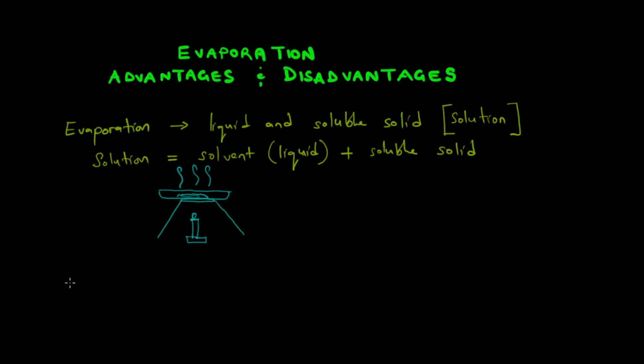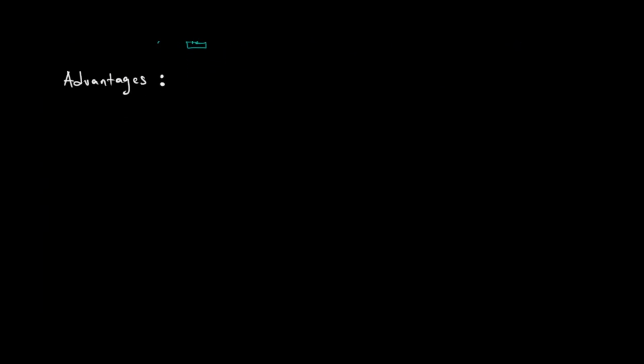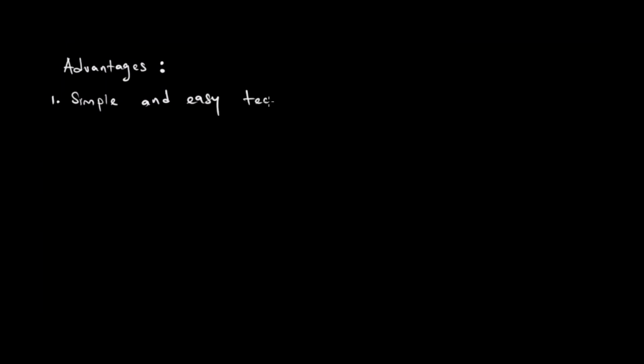Now that we have a brief understanding of what this is, we can look at the advantages and disadvantages of the process. So, we are going to start with advantages. Our first advantage is that this is a simple and easy technique to carry out. You can actually use solar energy.